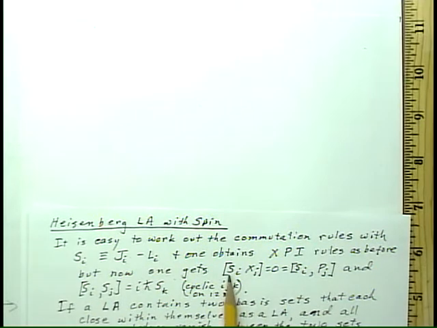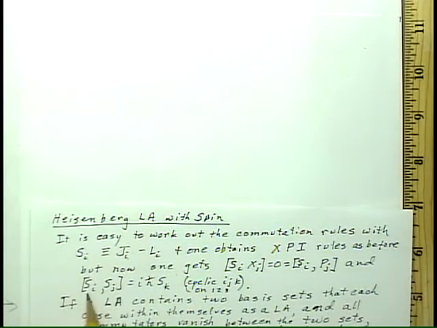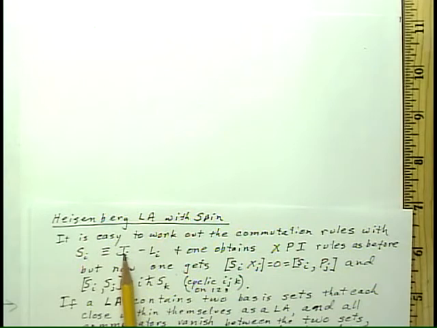And since S with I vanishes, it follows that we get the commutators as before of S_i and S_j being angular momenta, and we break the algebra therefore into 2 sets. If we want the representations of the X, P, and J algebra, we can equivalently find the representations of the X, P, and S algebra, because the L's are known, because that's orbital angular momenta in terms of the X's and the P's.